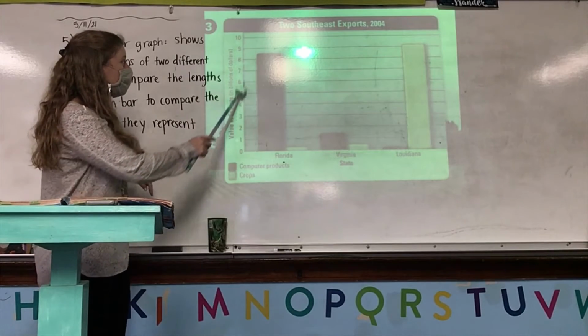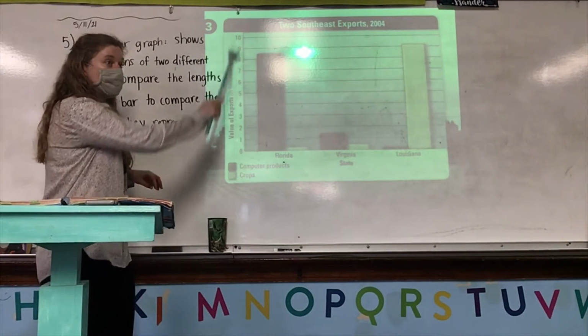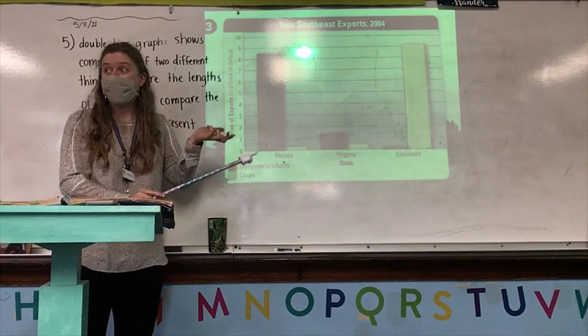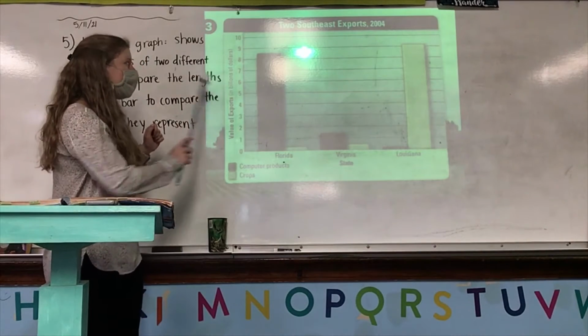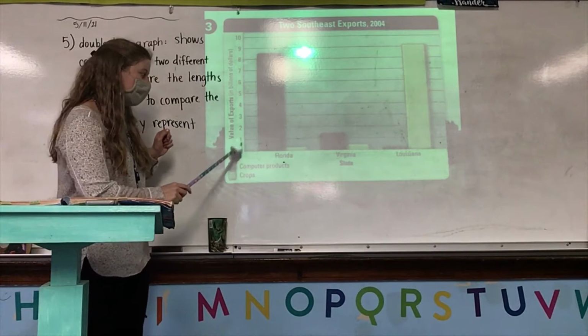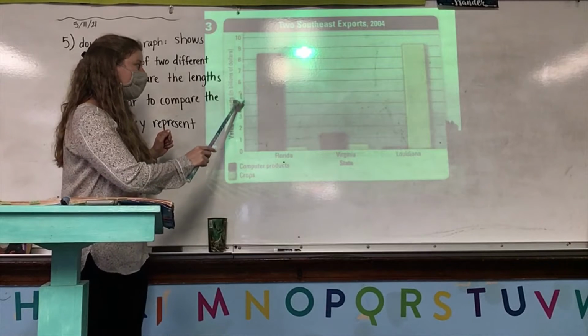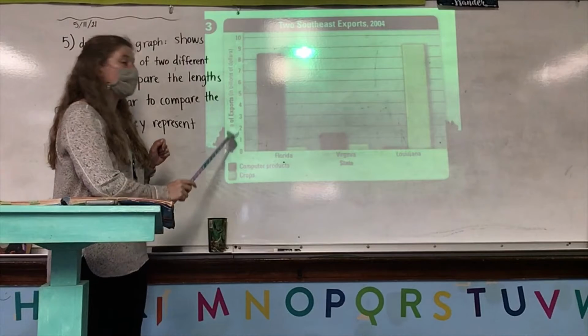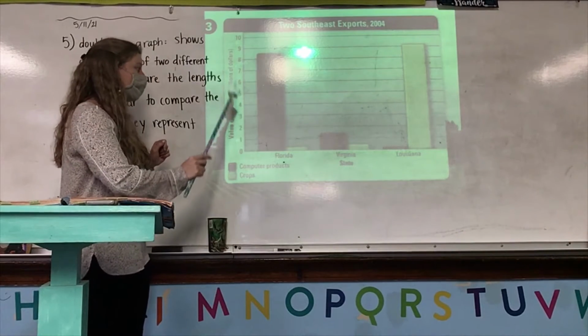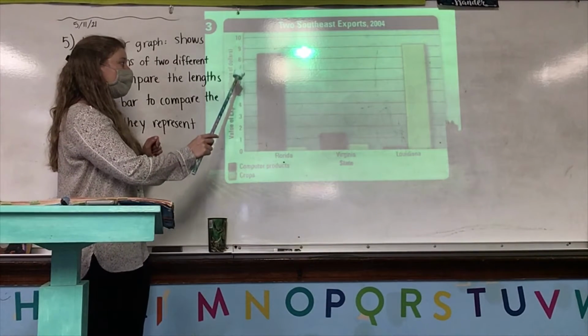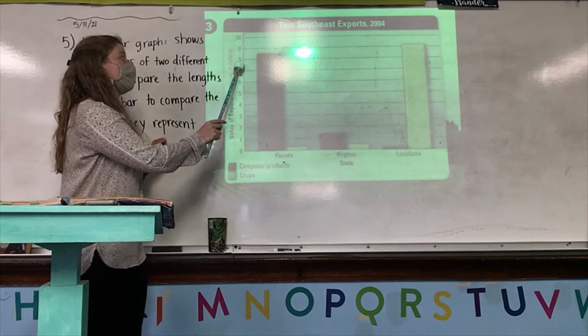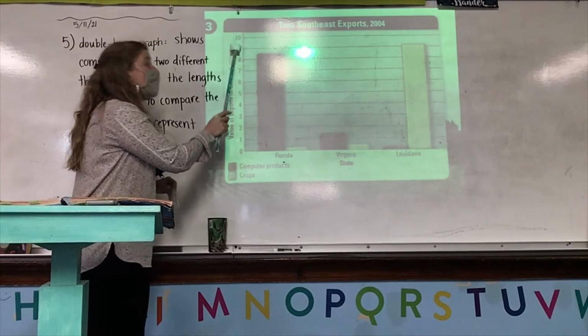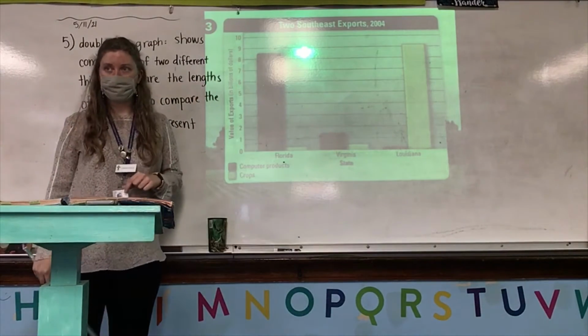This is the value of the exports, how much money each state made in billions of dollars. So not $1, $2, $3 up to $10, but $1 billion, $2 billion, $3 billion, up to $10 billion. Okay?